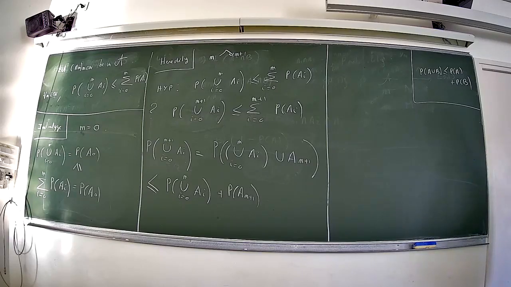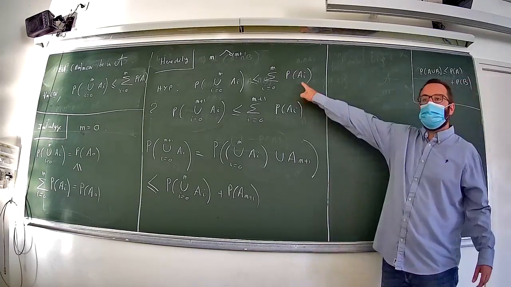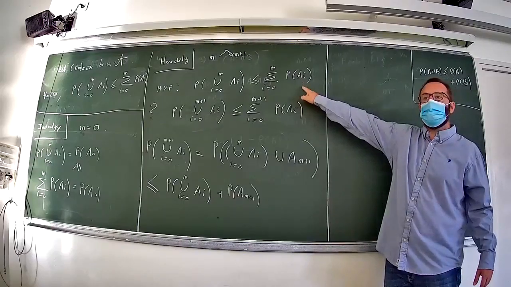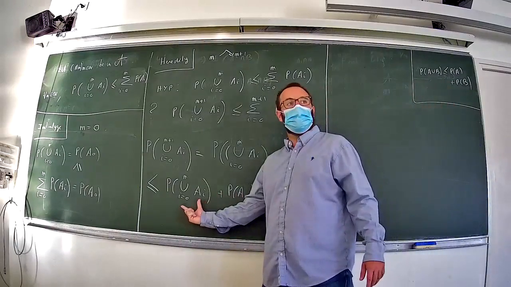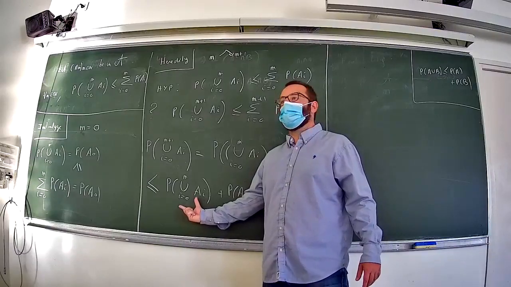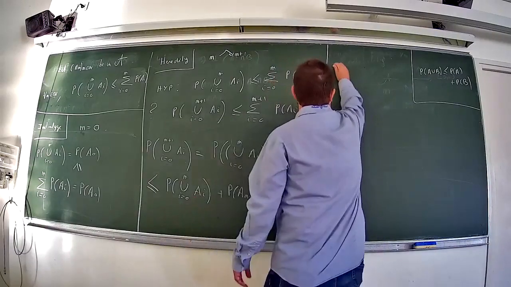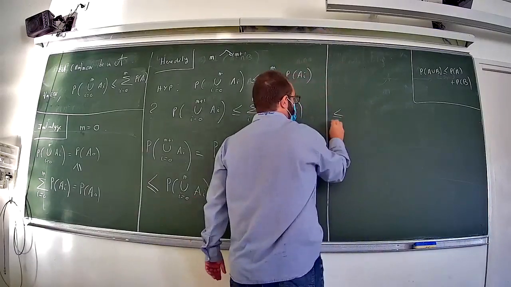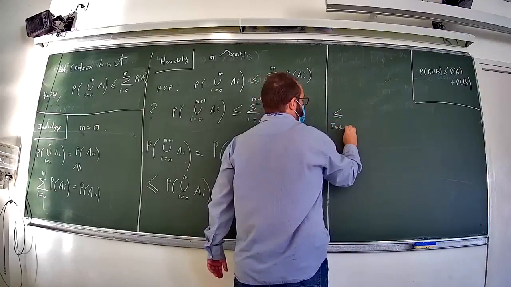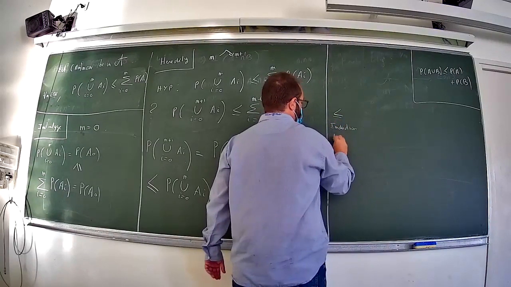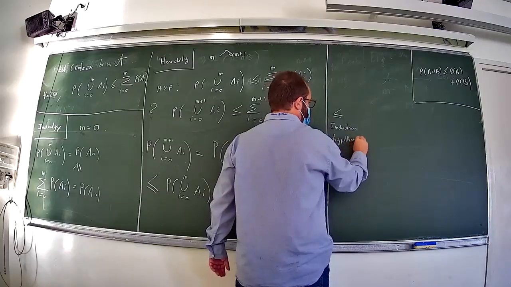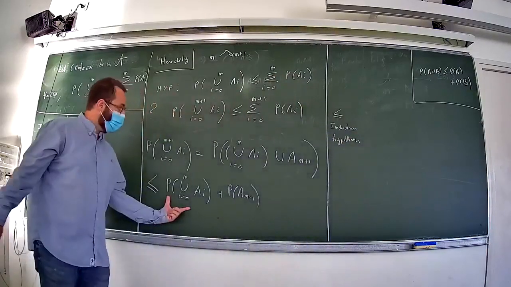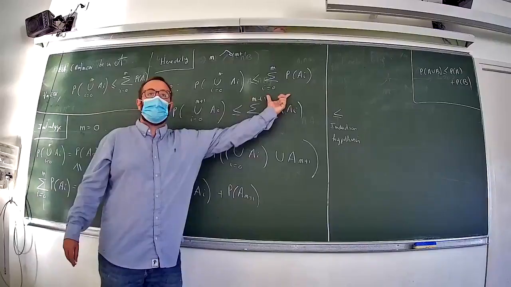It's now. Why? Because I know this. It's my induction hypothesis. So I can apply it to this term. I know that the probability of this union is less than the sum of the probabilities. So using the induction hypothesis, this one is less than this one.